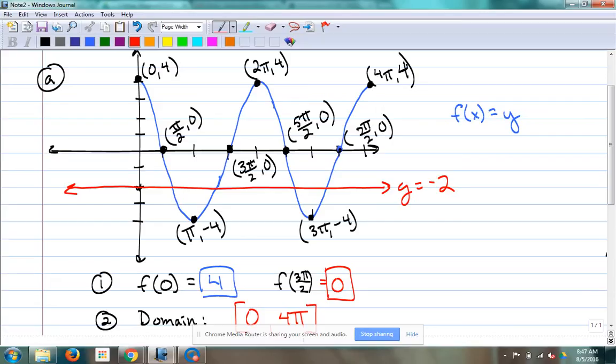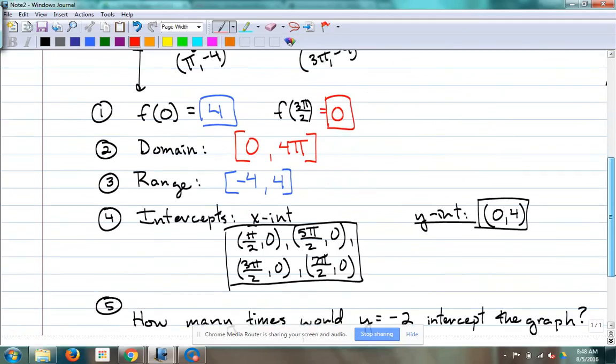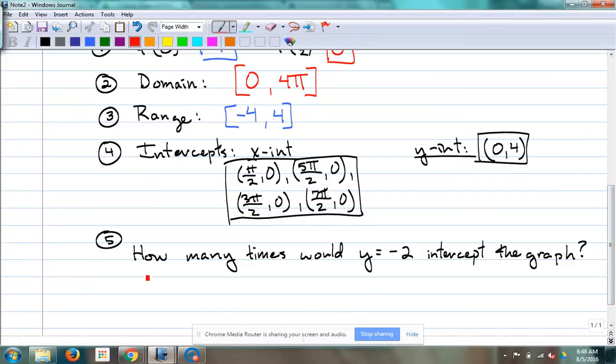If we needed to know those points, we'd have to know a little bit more about this function, honestly. What's the equation? That could help us get those points exactly. So it's 4 times. It seems like a weird question, but it is valid. They're going to ask questions like that.